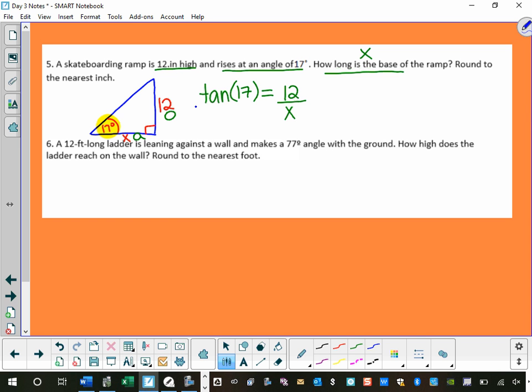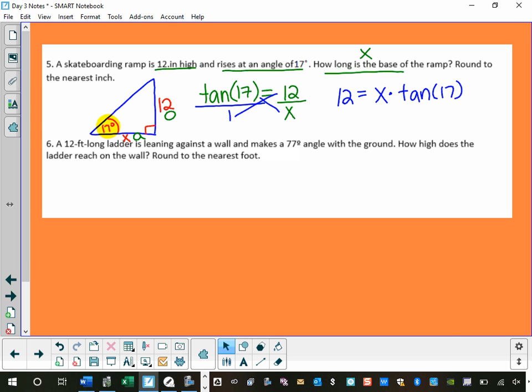Let's put this over 1, and let's divide. 1 times 12 is 12. x times tangent of 17. I can't just type that in. I am going to divide both sides by tan 17.